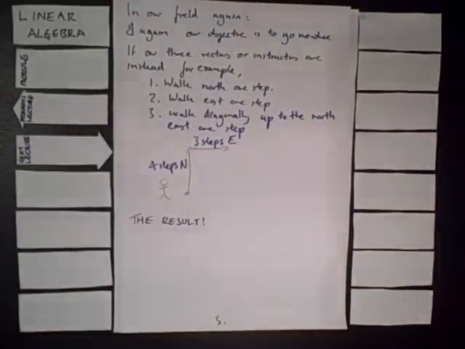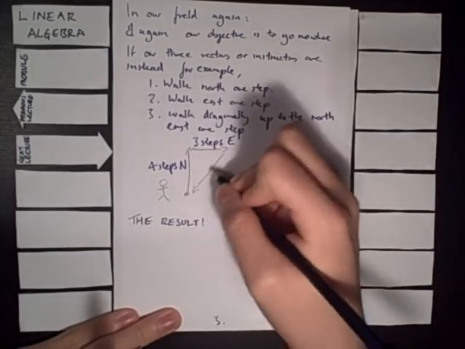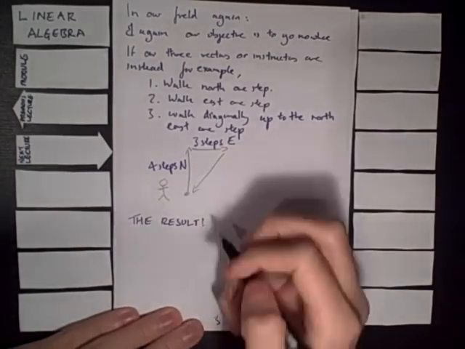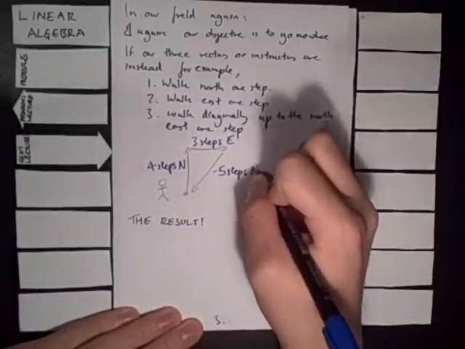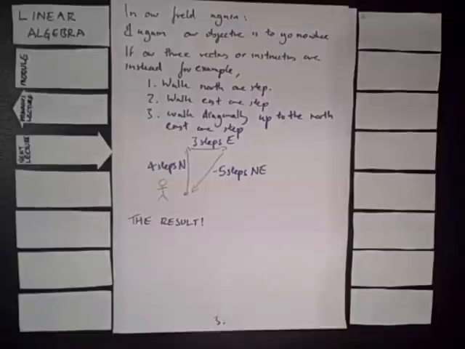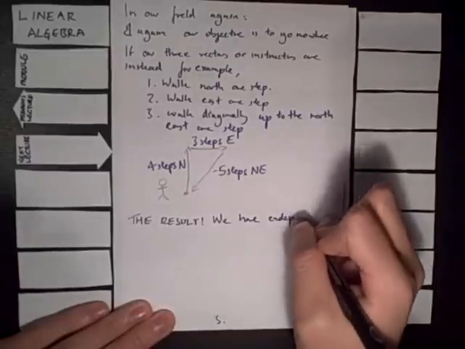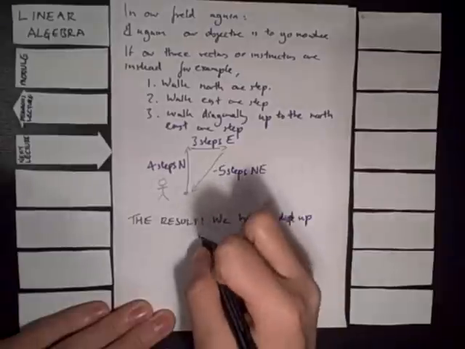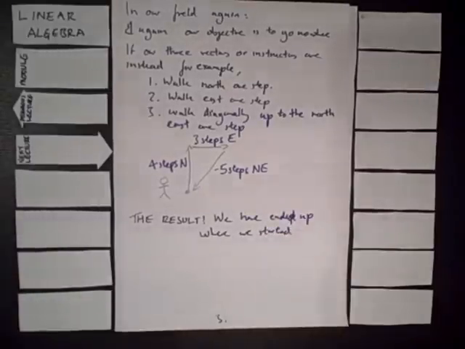And walk diagonally northeast minus 5 steps. So we're going diagonally northeast. Now I know that's not exactly northeast, but bear with me. Minus 5 steps northeast. And what's the result? We have ended where we started, which in this situation is actually a result, something to be very excited about.